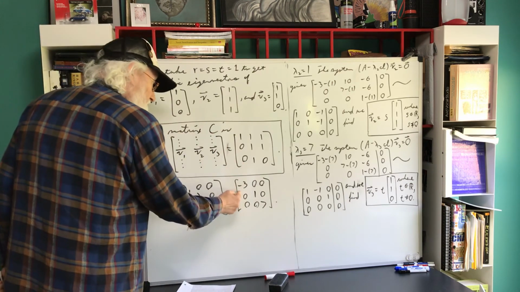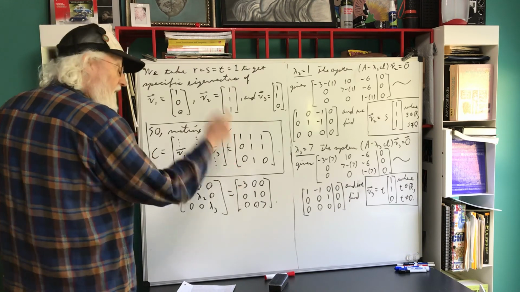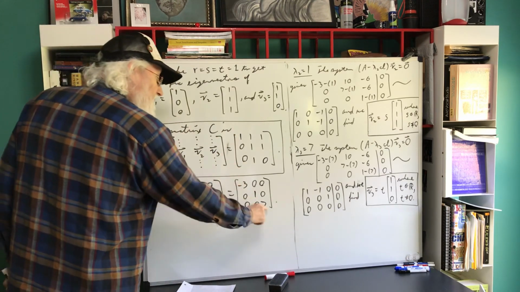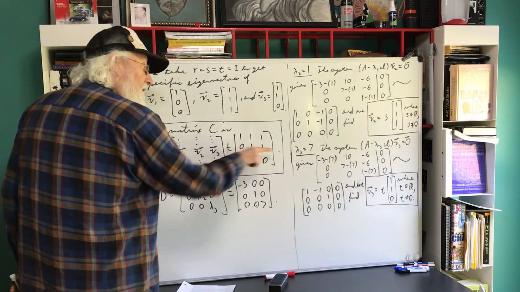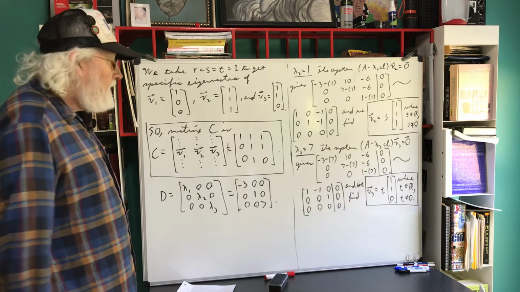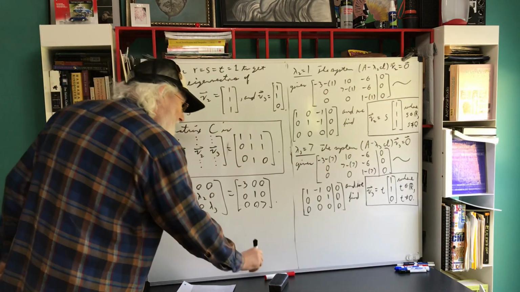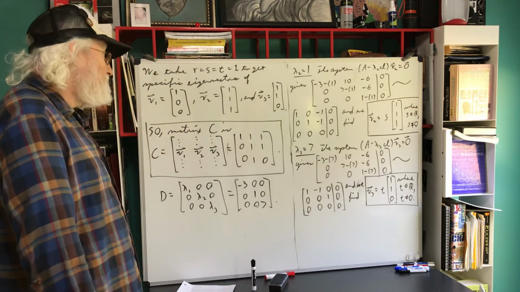Column 1 contains lambda 1 in D. Column 1 in C contains an eigenvector of lambda 1. You put these things in a different order, you put these columns into matrix C in a different order as well. The order doesn't matter, but you have to do consistent ordering between the diagonal entries and the columns of matrix C.